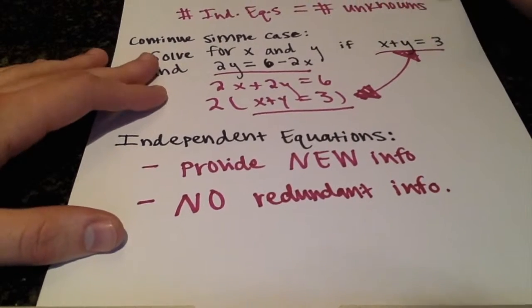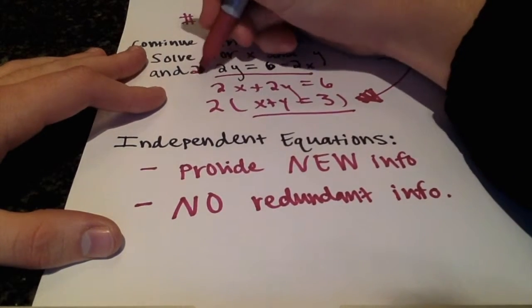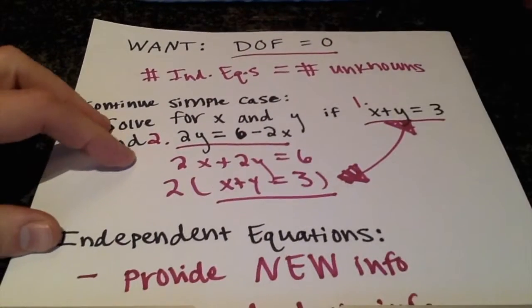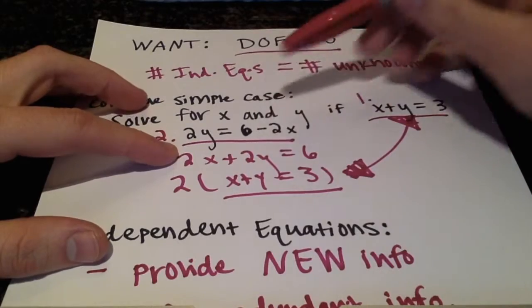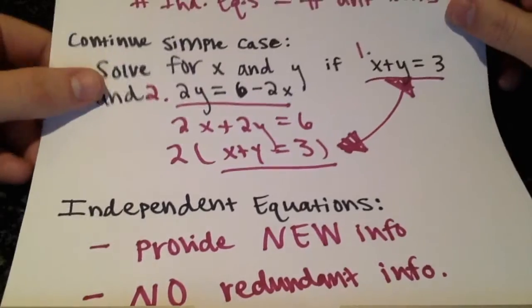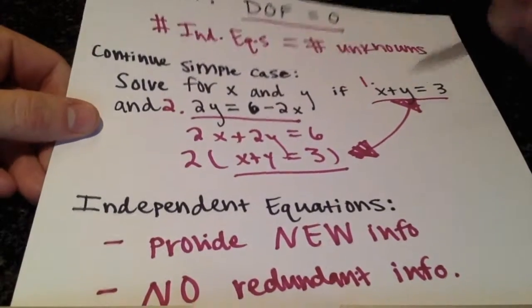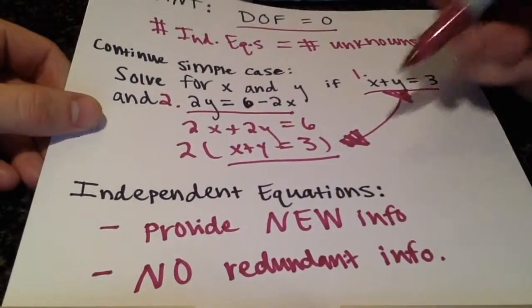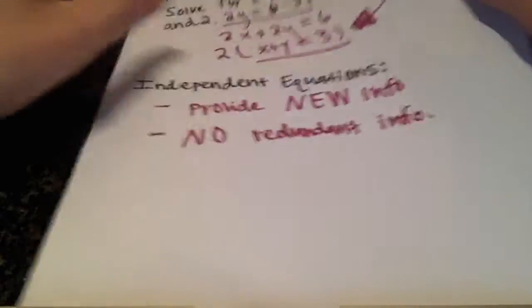So when you're looking at this, so if this is equation 1 and this is equation 2, when we're comparing these, this second equation does not provide any new information, so this equation is basically a rearrangement of the first, and it is redundant. So that is why we do not have two independent equations.